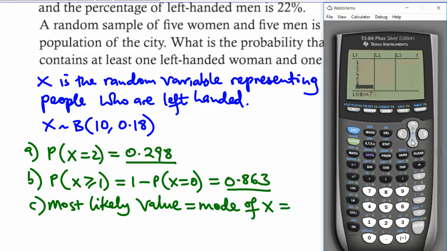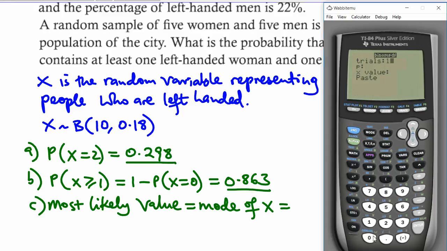So 7, 8, 9, and 10. Correct. And in list 2, I'll plug in the probabilities. So second, look for probabilities, PDF.